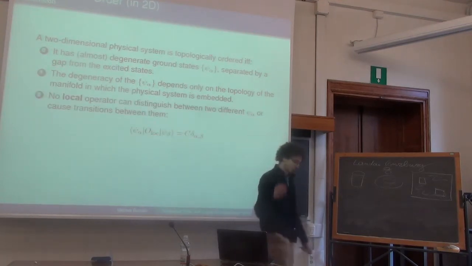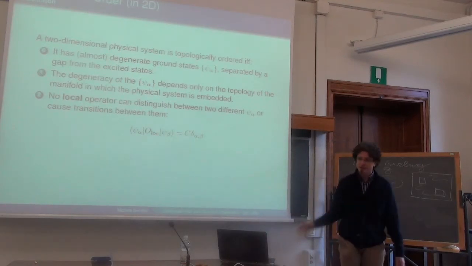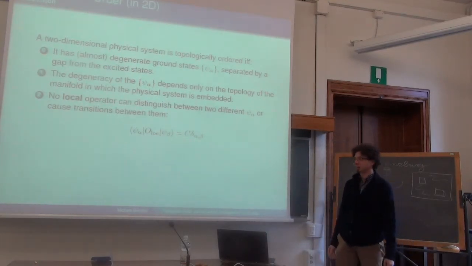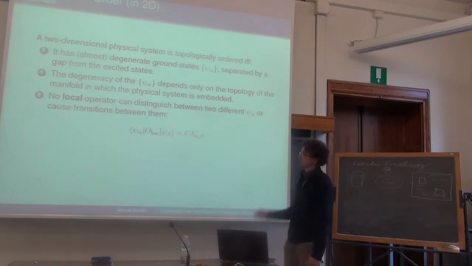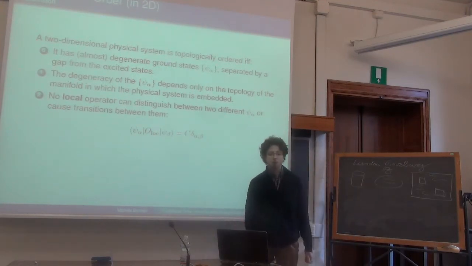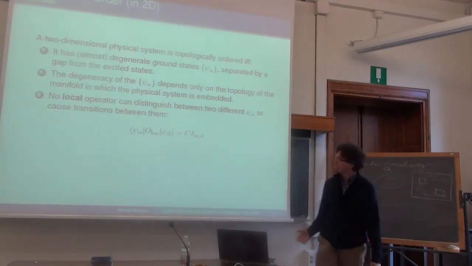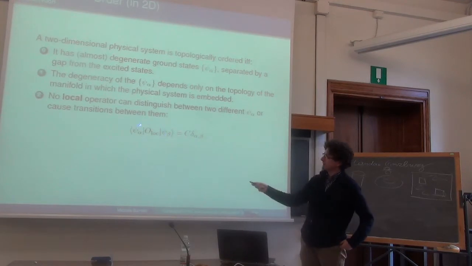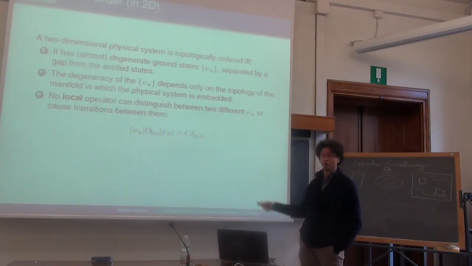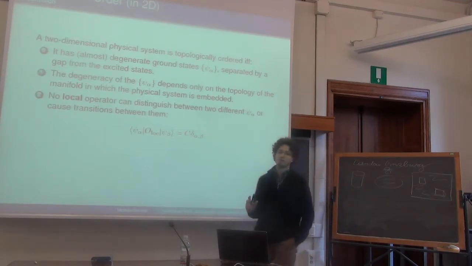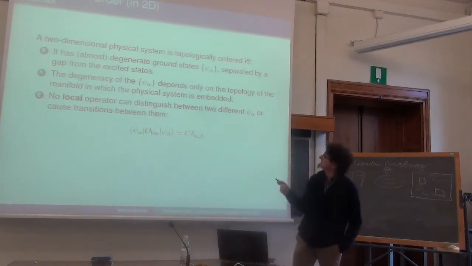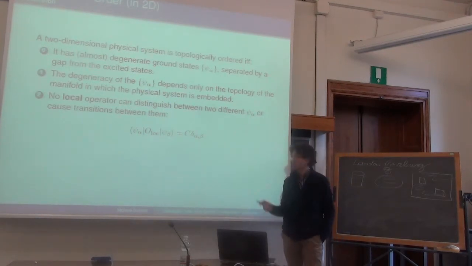And the second and most important point is the one that gives you the protection I was speaking about before: no local operator must distinguish between the different ground states. Essentially, if you act with an operator or with a local observable, you should not be able to detect whether your ground state is in a state psi_alpha or in a state psi_beta.